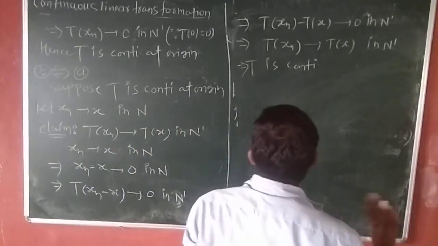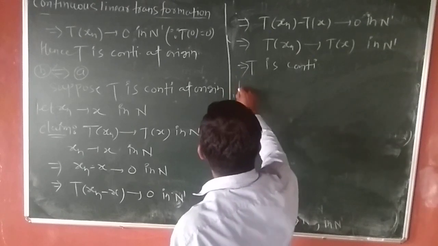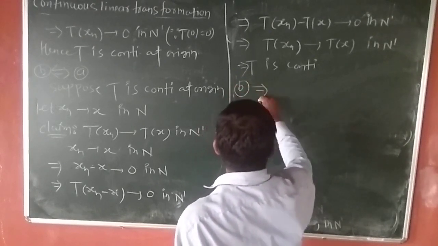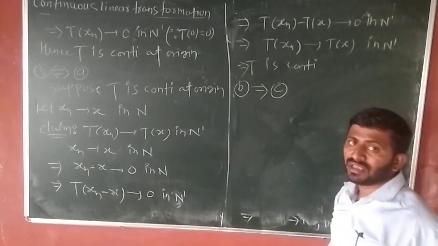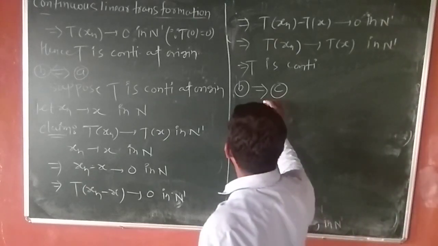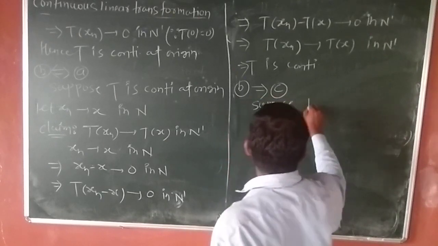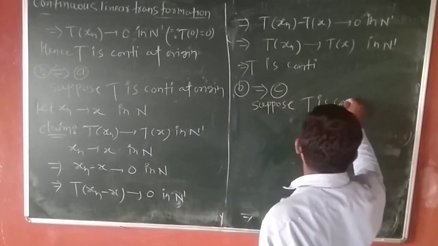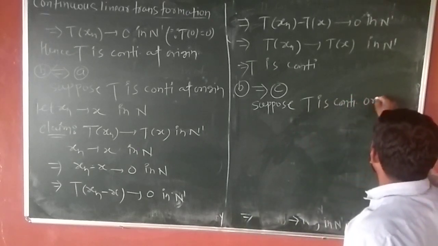Okay, so we have to consider the next part. What do we have to show? We have to show B implies C. What is B? B is that T is continuous at origin. So we suppose T is continuous at origin.